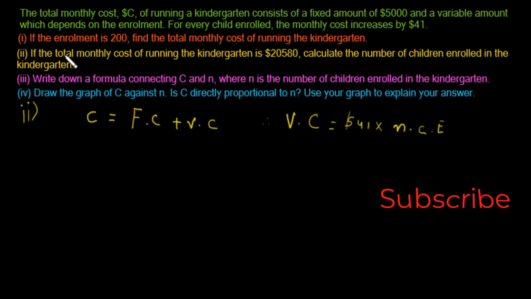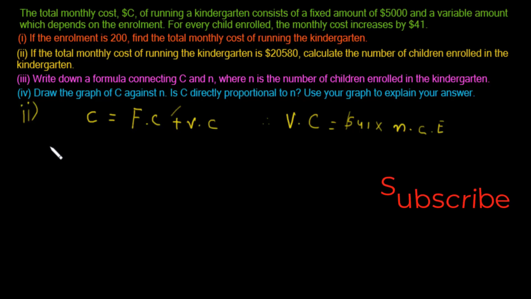Now, they say that the total monthly cost of running the kindergarten in a specific month is 20,580. So calculate the number of children enrolled in the kindergarten. Now, this is the total monthly cost, so I can substitute it over here.